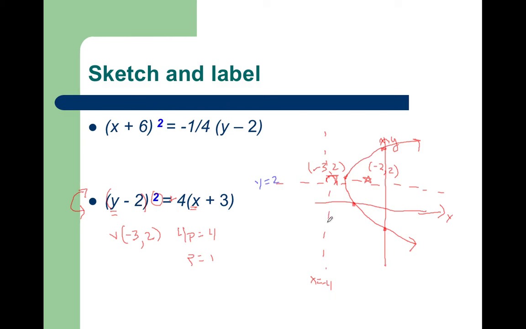So I've got my focal point, my vertex, my line of symmetry, and my directrix all labeled. I just need my intercepts.